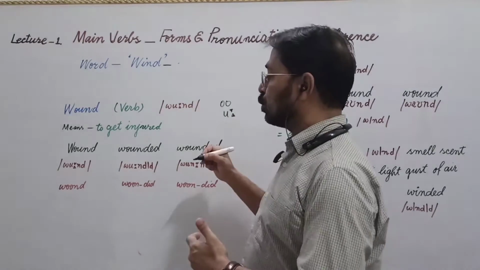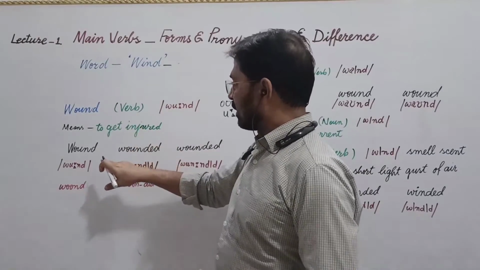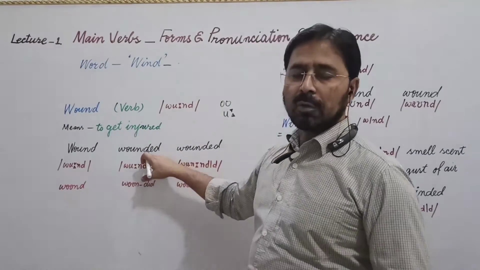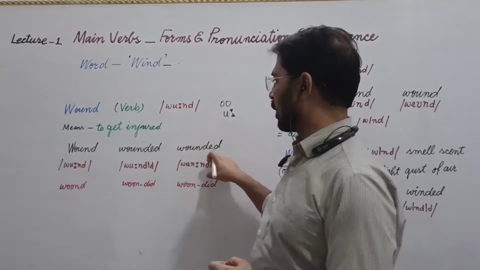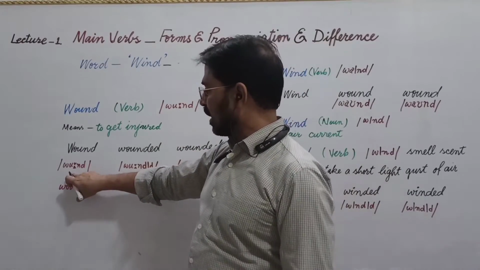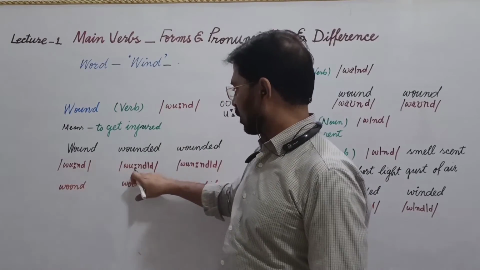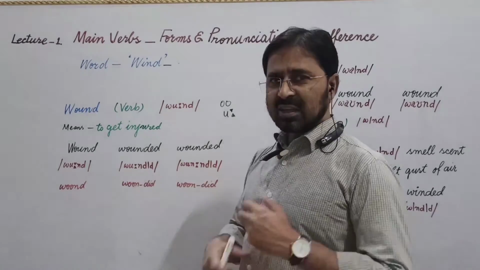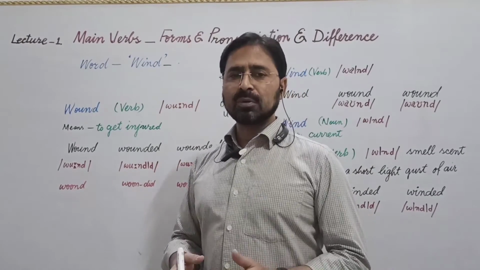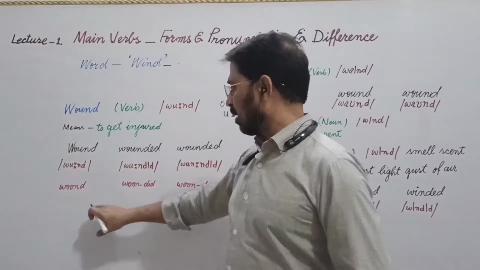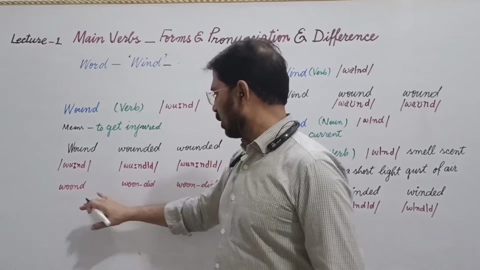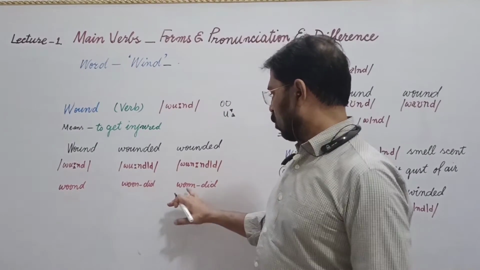It means oo, wound, and the pronunciation of the second form will be wounded, wounded. And you can show in IPA wound, wounded, wounded. If we write this pronunciation other than IPA, we can write like this: wound, wounded, wounded.